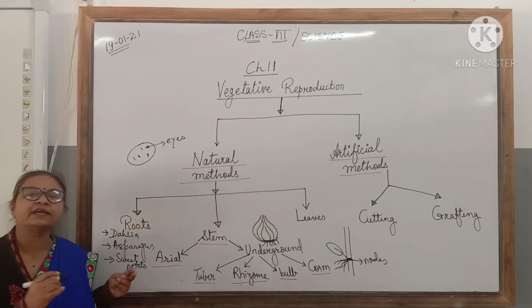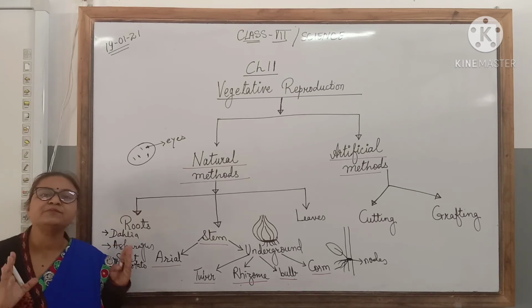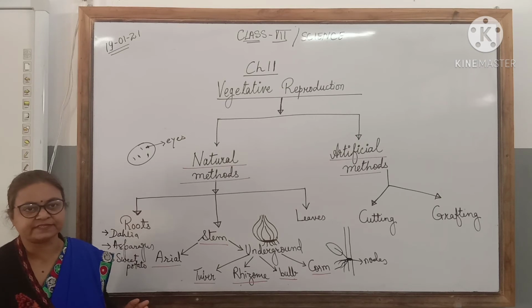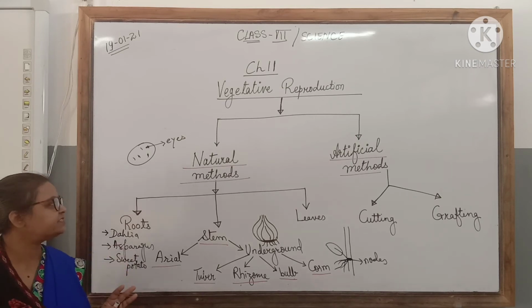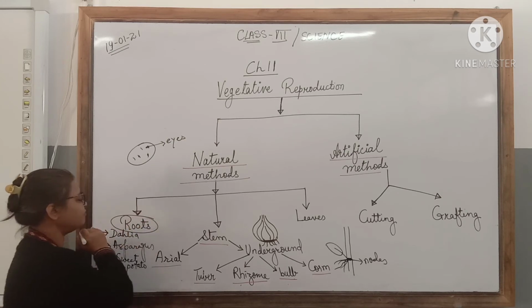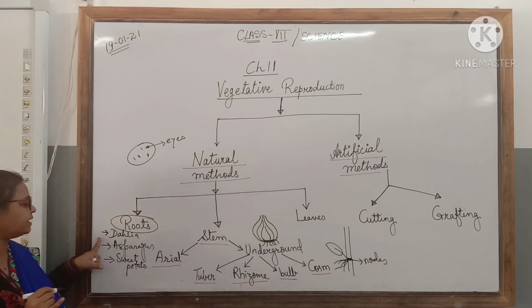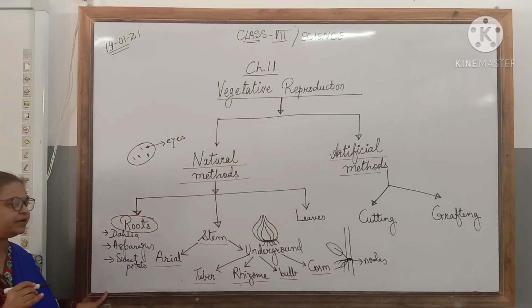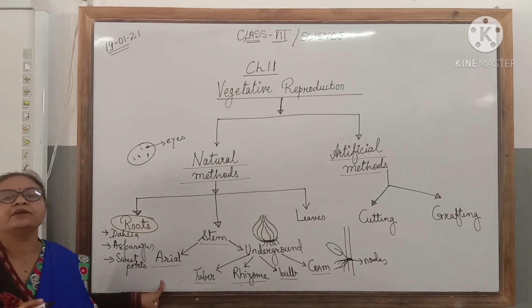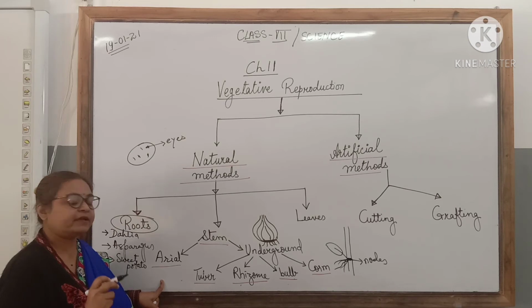So children, these are the natural methods by which vegetative propagation can take place. So I'll just revise it for you. Natural methods of vegetative reproduction with the help of roots. Examples are dahlia, asparagus, sweet potato. For the stem, we have aerial stem. In that you have grass.